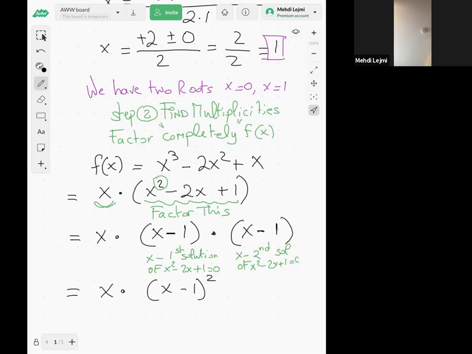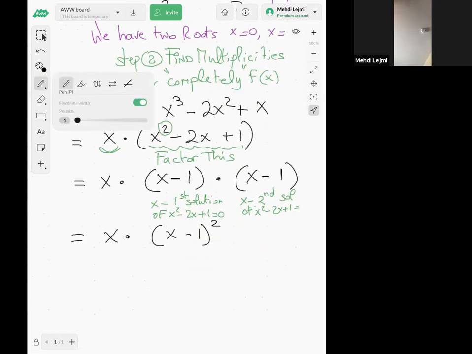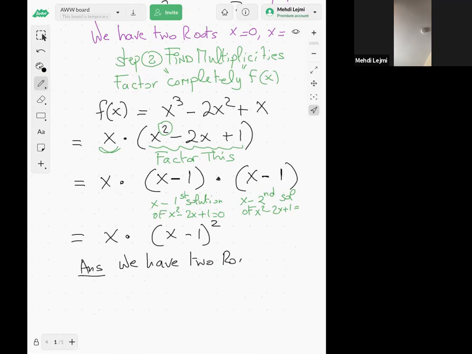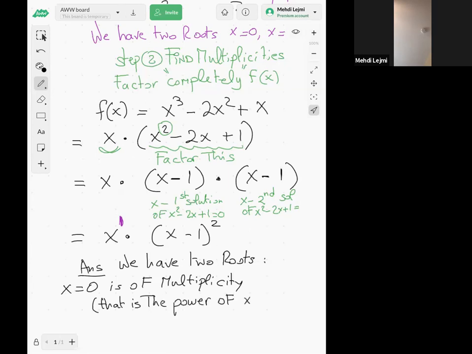All right, so now we can answer the question. So we have 2 roots, x equal to 0, and it's actually of multiplicity 1, because that's the power of x minus 0, which is x.